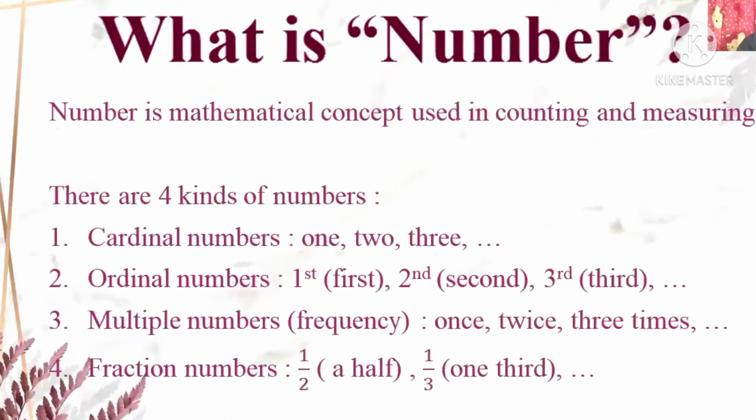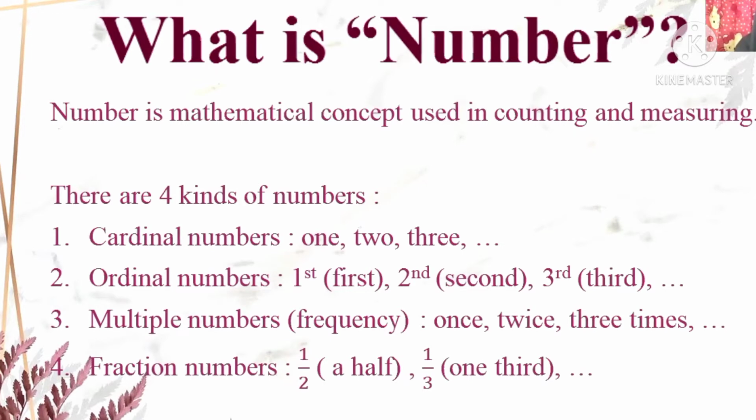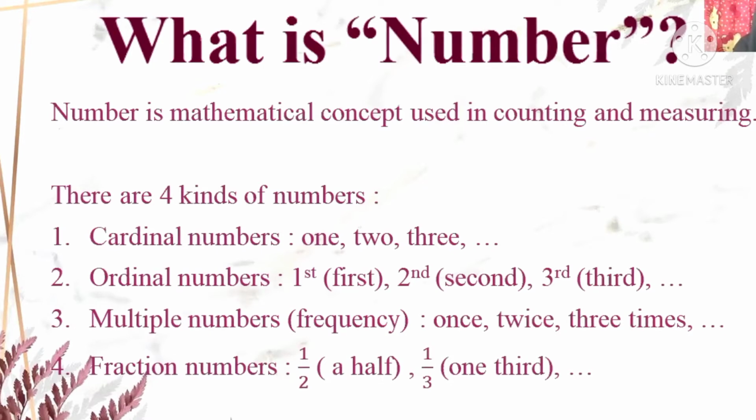For example, 1, 2, 3. Second, ordinal numbers. For example, first, second, third. Third, multiple numbers. For example, once, twice, 3 times. Last, fraction numbers. For example, a half, 1/3.